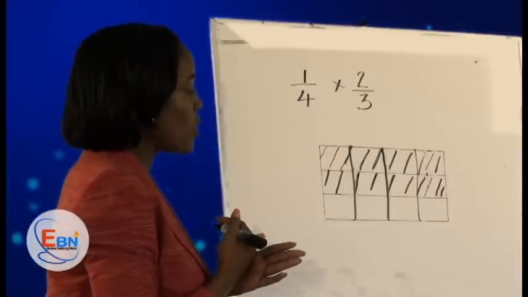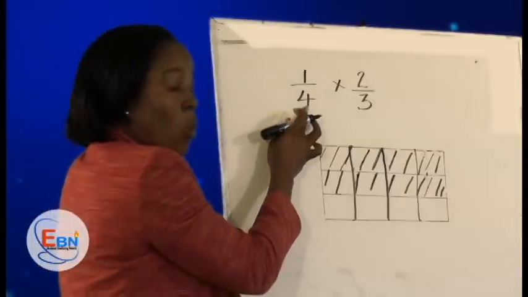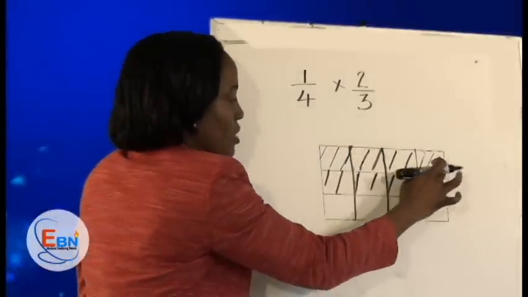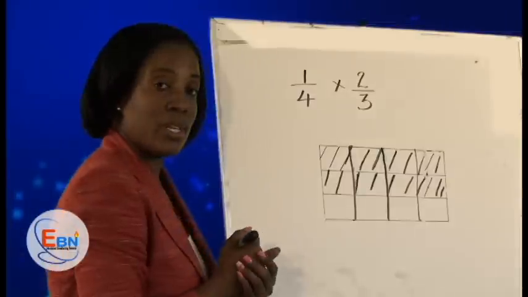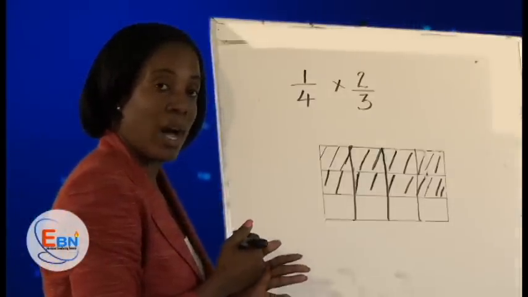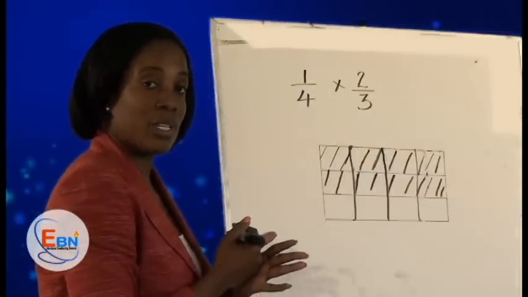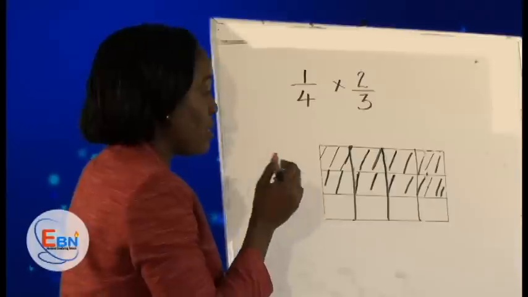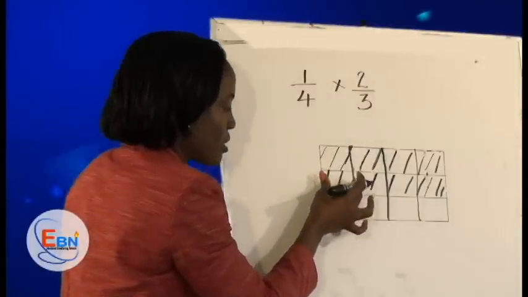I now need to identify a quarter of this 2/3. Remember, students, that a quarter is 1 part out of 4 equal parts. This I'll illustrate by shading this quarter.